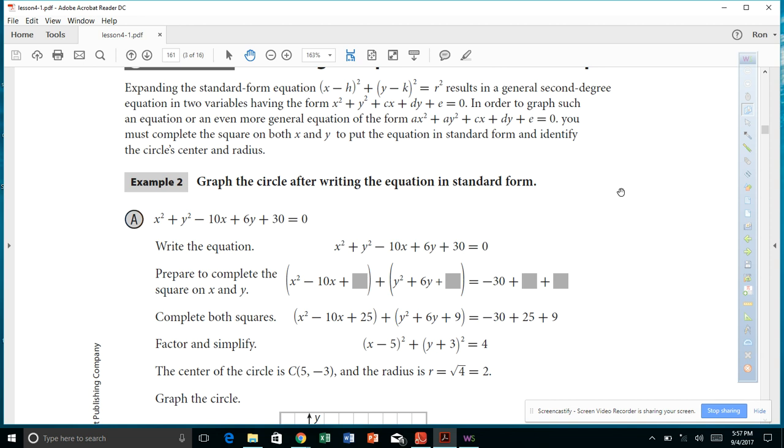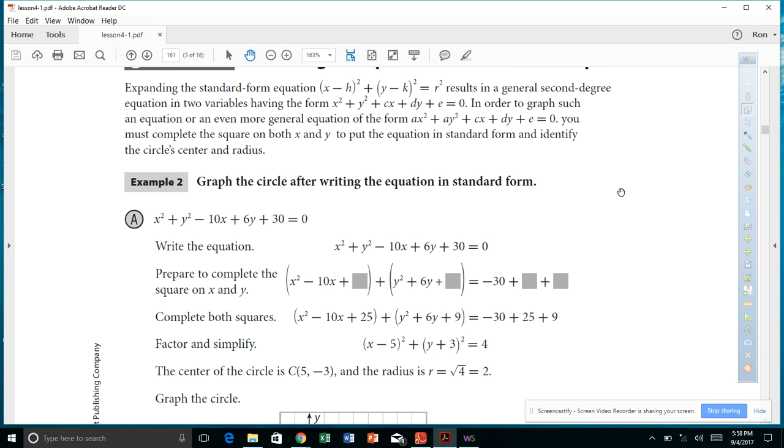In order to graph such an equation, or an even more general equation in the form ax squared plus ay squared plus cx plus dy plus e equals 0, you must complete the square on both x and y to put the equation in standard form and identify the circle's center and radius.